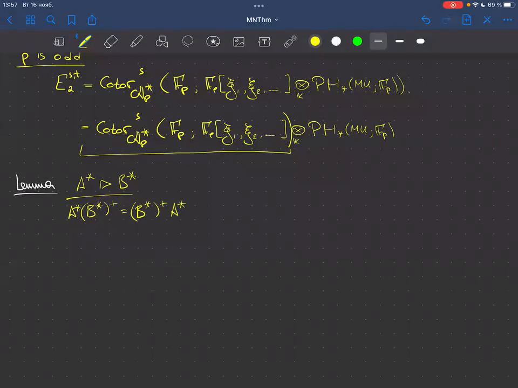Yeah, so this means just as usual that your right and left cosets are the same.